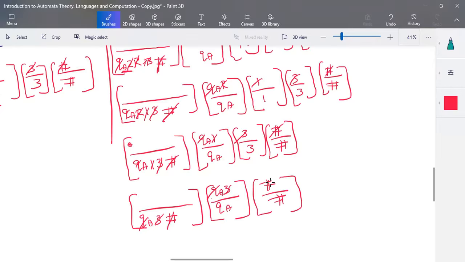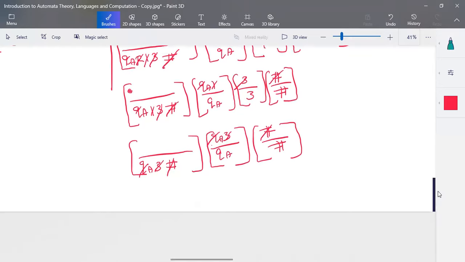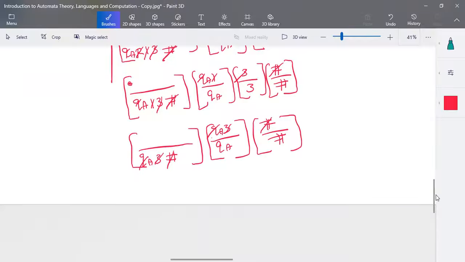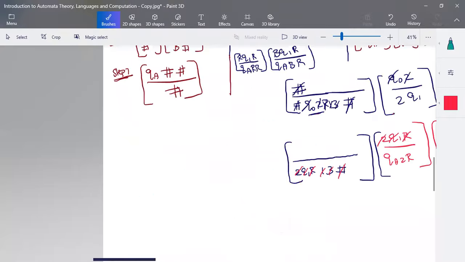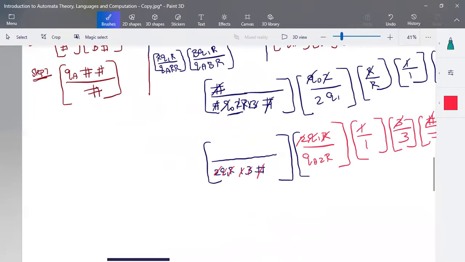Okay, so this hash and this hash are matching. Okay, and the last step is, now you have QA# in the denominator. All your numerators are cancelled. In the denominator, we have QA# as the pending one. So this is the final structure. You have QA# in the denominator.